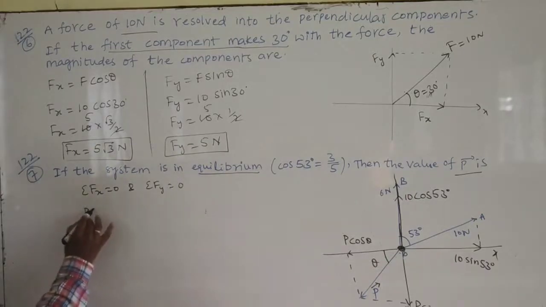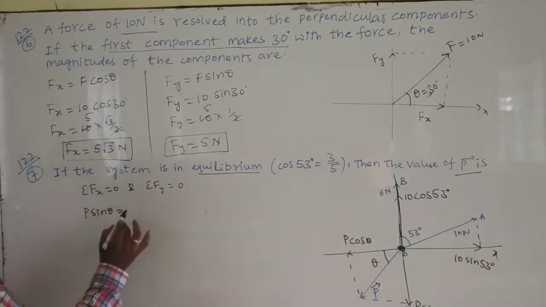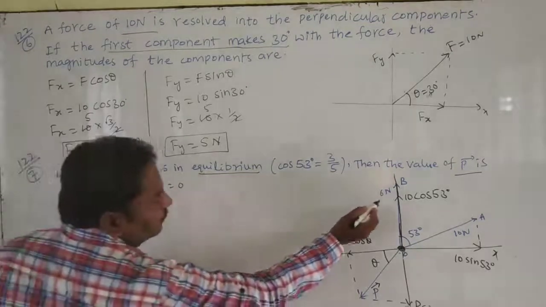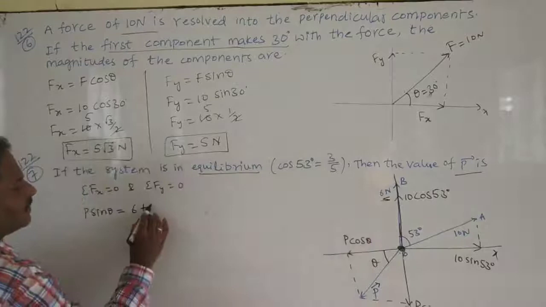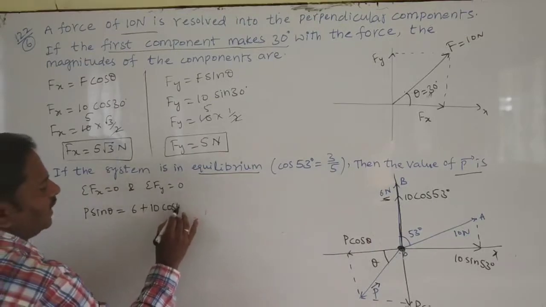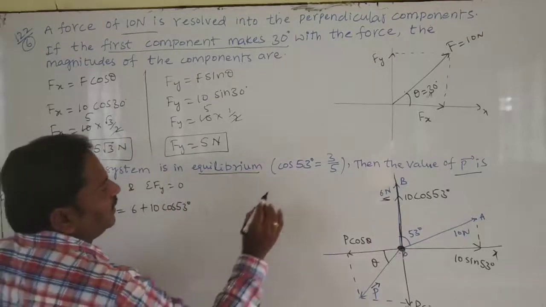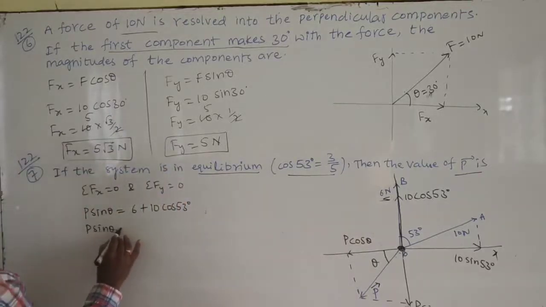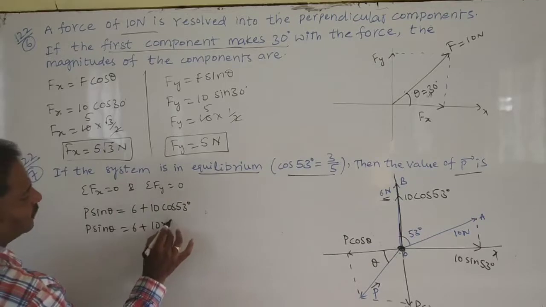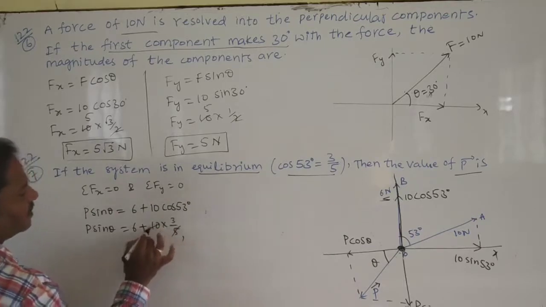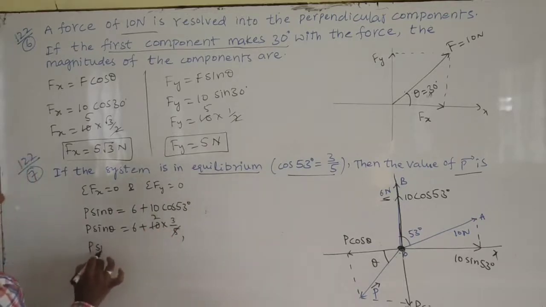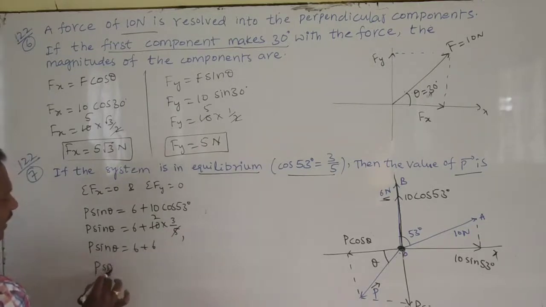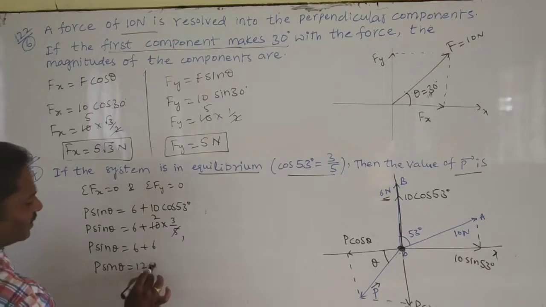First, P sin theta equals the upward force: 6 plus another 6 plus 10 cos 53. With cos 53 as 3 by 5, P sin theta equals 6 plus 6, so P sin theta equals 12 newtons.